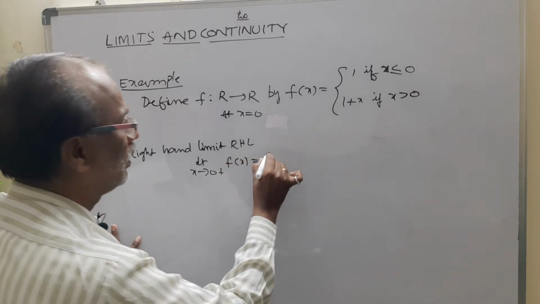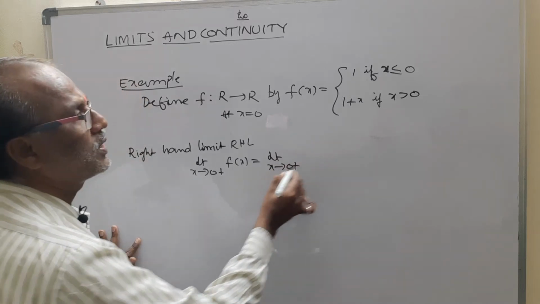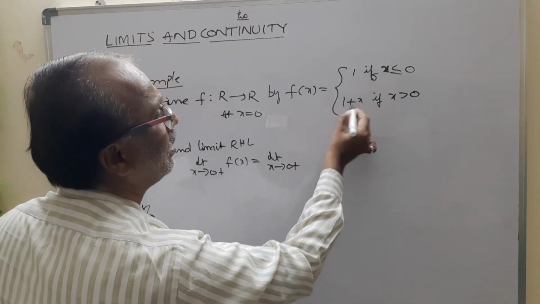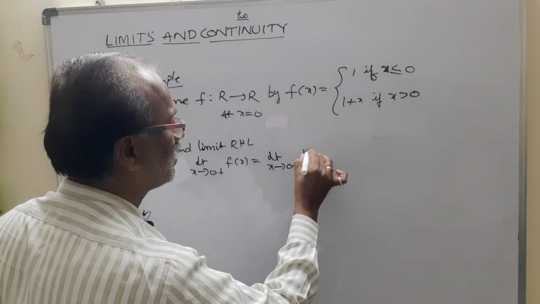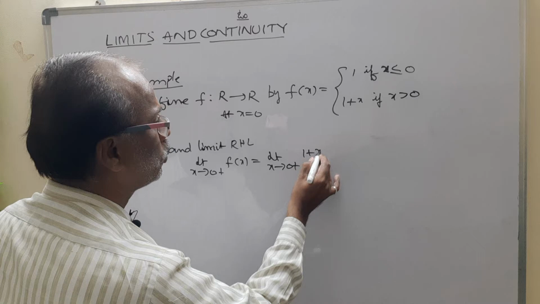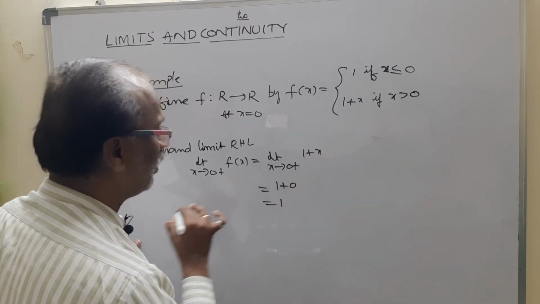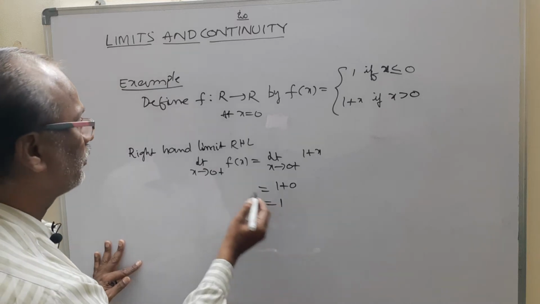Here 0 plus means x greater than 0, and the function f of x is 1 plus x. Substituting x equal to 0, we get 1 plus 0. Here the right hand limit value is 1.